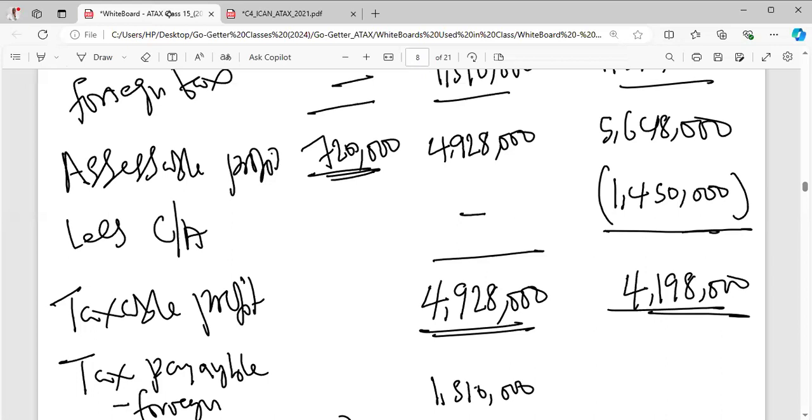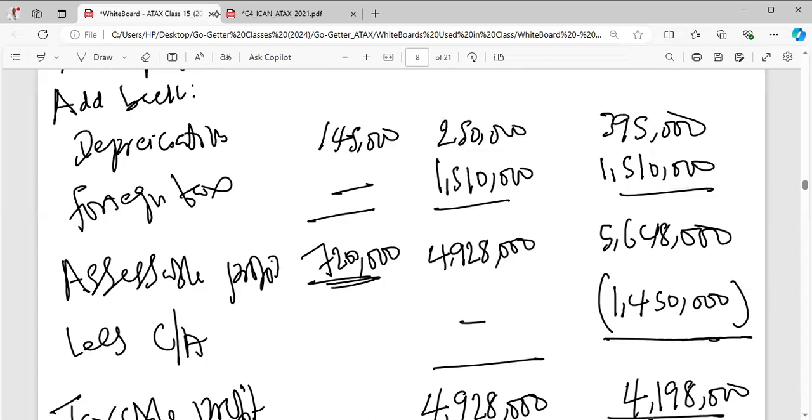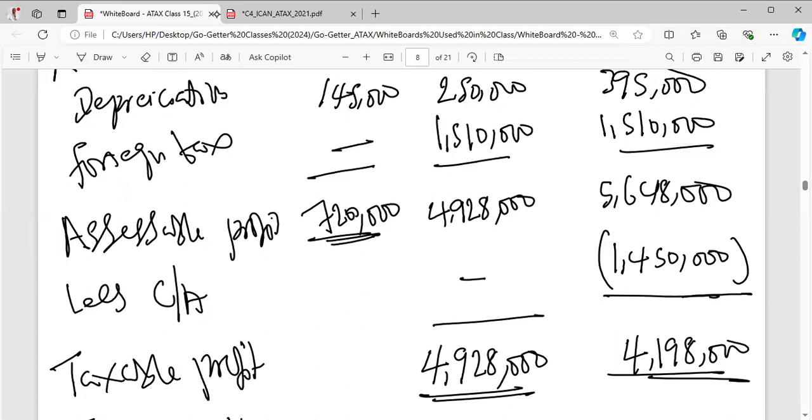Another school of thought in practice might disallow that miscellaneous expense. If that is done, our add back will be 3 and not 2, and so the tax rate would have been higher.